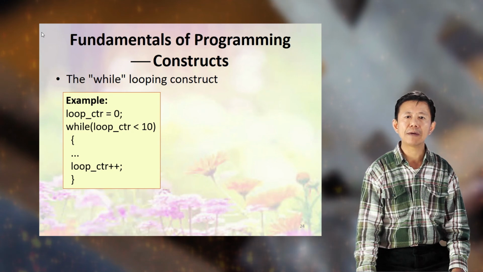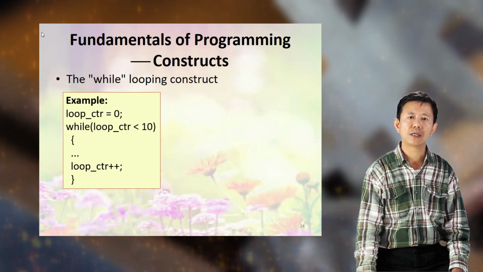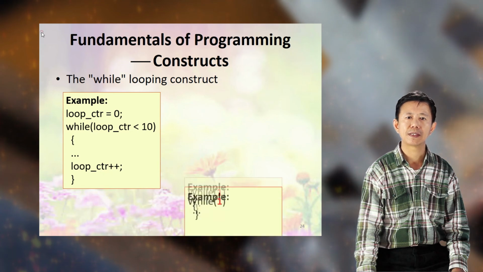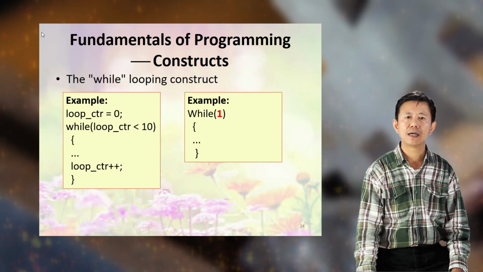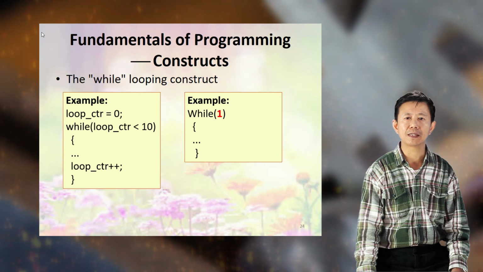Frequently, in a microcontroller application, the processor executes a loop continuously. In this case, the while looping construct is the very choice. By setting the decision condition to 1, the loop will be executed repeatedly.